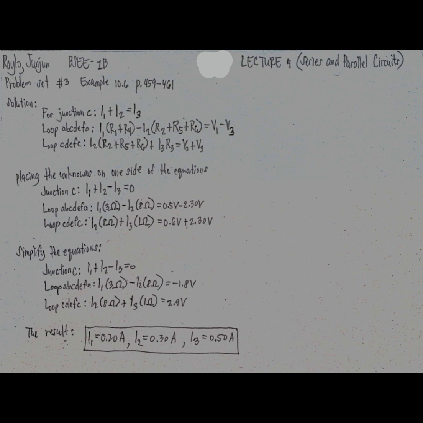For the loop CDEFC: current 2 times 8 ohms plus current 3 times 1 ohm equals 2 volts. So the result is, current 1 has a value of 0.20 ampere, current 2 is equal to 0.30 ampere, and current 3 is equal to 0.50 ampere.